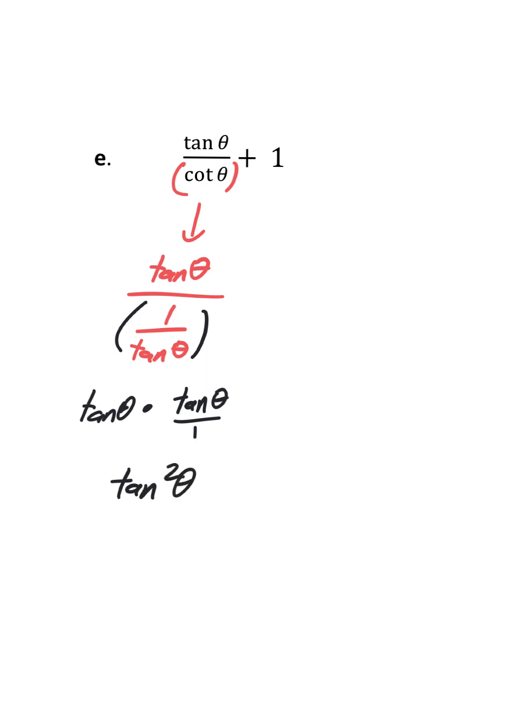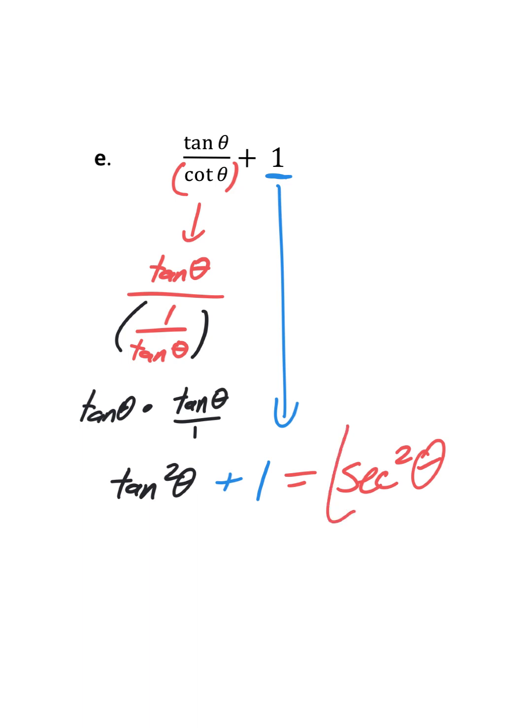Okay, and don't forget about this plus 1 we've had here. Okay, that guy's coming along for the ride too. Okay, but wait, does this look familiar? Tangent squared plus 1? That's right, it's one of our identities in your formula chart. That is equal to secant squared theta.